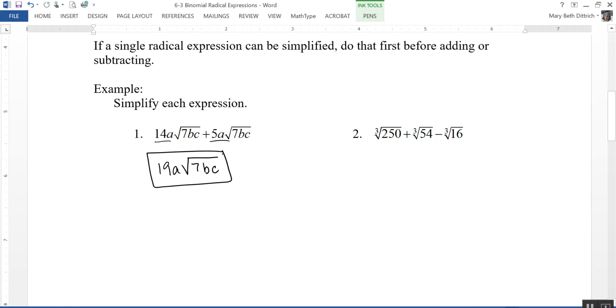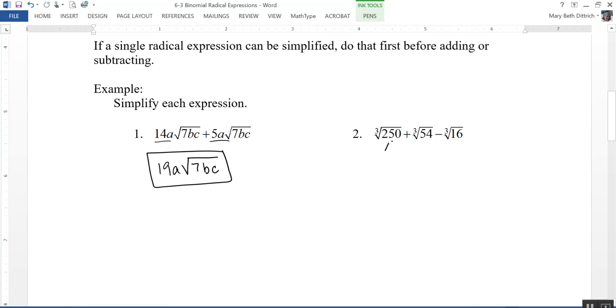Number 2 has the cube root of 250 plus the cube root of 54 minus the cube root of 16. At first glance, you might say these can't be combined, even though the indexes are the same, the radicands are different, but I need to see if I can simplify each of those individual expressions first. So I'm looking for perfect cube factors.